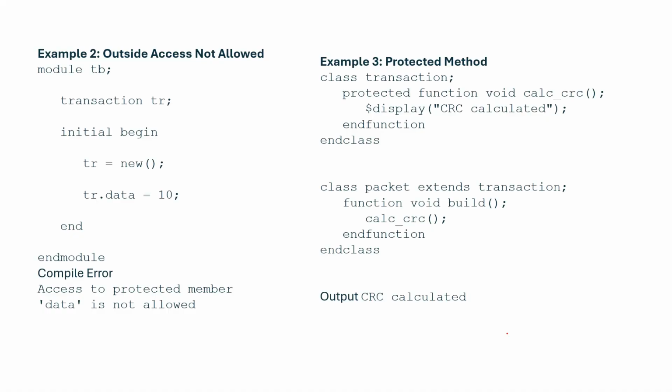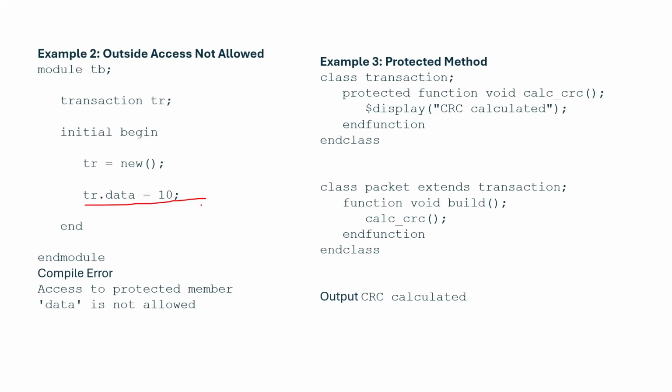I have changed that, but this is illegal because access to protected members, that is data, is not allowed in your TB. Then we will get a compilation error. So that is the reason I am not accessing this variable directly, whichever variables are protected by the protected keyword.